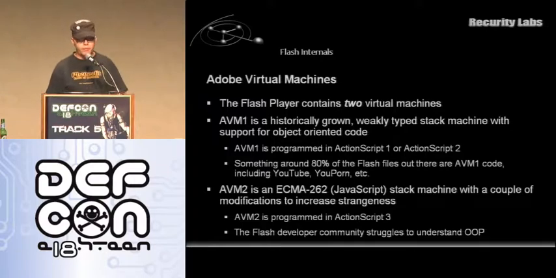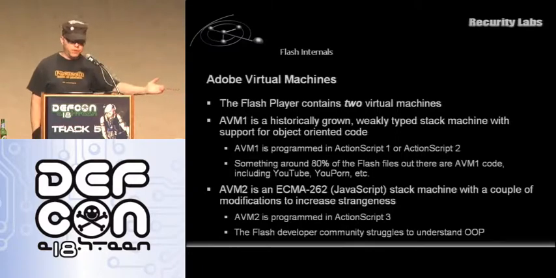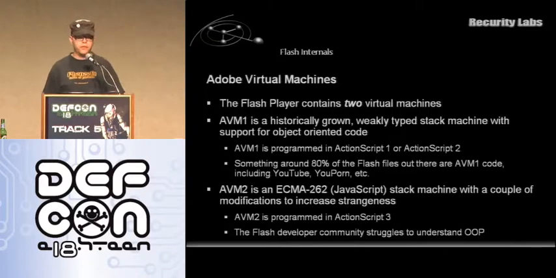That's what most web designers use, and ActionScript 3 is closer to JavaScript and is not so widely used by, I call them RGB Caspers, like people that make blinking web pages. So they struggle to understand OOP. The whole JavaScript object and event handler idea just escapes them. So they stay with the AVM1. That's the reason why we have so much code there.